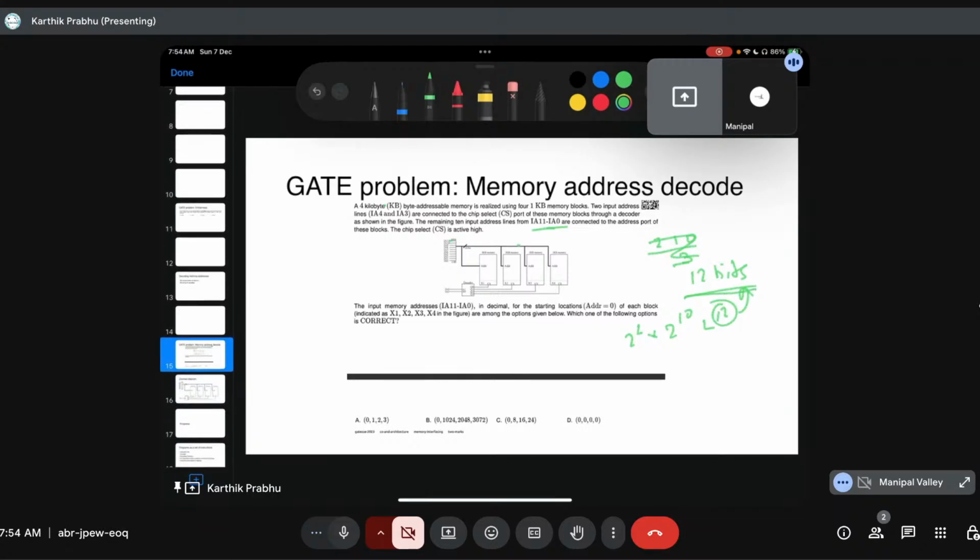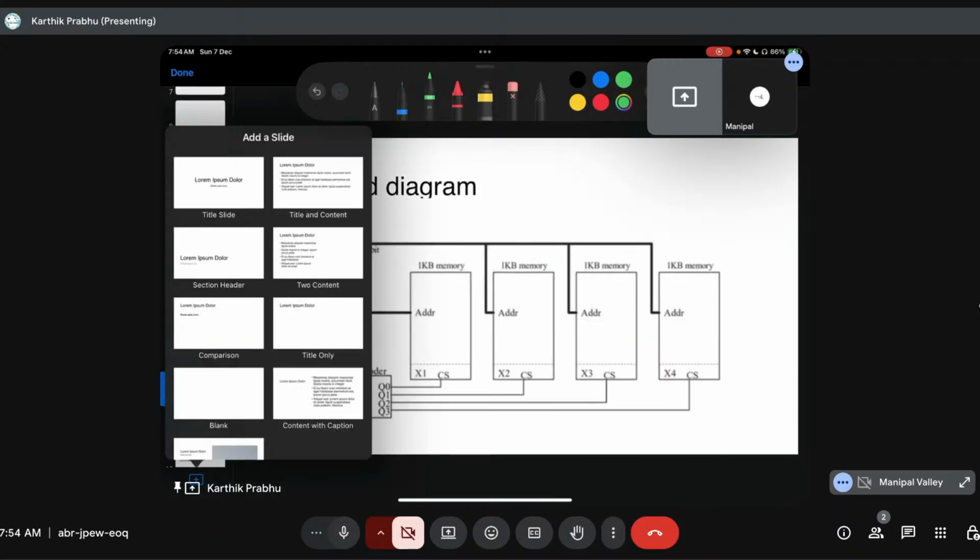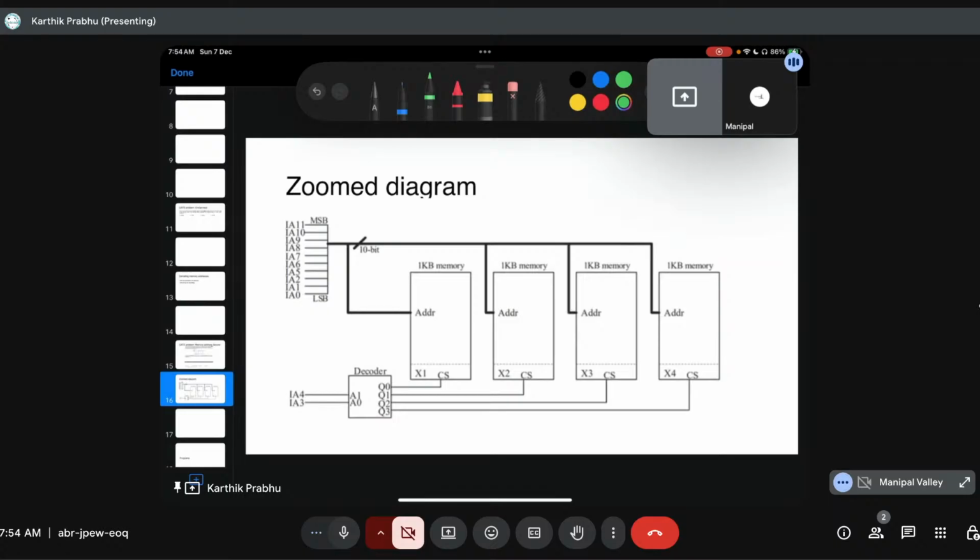Wait, let me put this up. This is the zoom diagram. So each of these bits from IA11 to IA0, excluding IA4 and IA3, are indexing into each location of the memory.